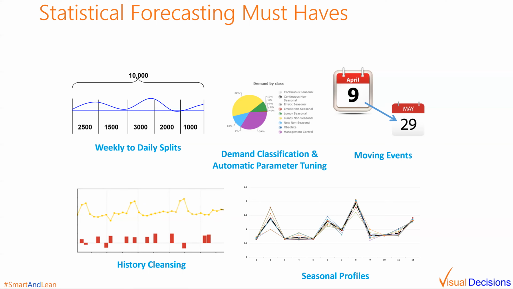But some of these different things that are on the screen now in terms of the demand classification and the automatic parameter tuning, being able to clean your history and look at missing time periods and so forth, looking for those underlying seasonal profiles and so forth are all very important.